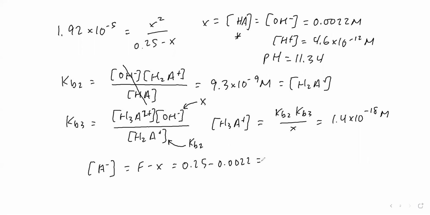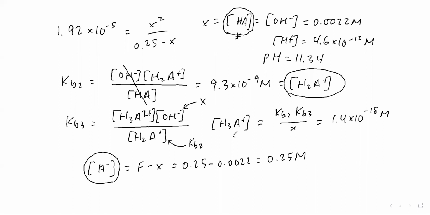That calculation I forgot to do, 0.25 minus 0.0022. So we get 0.2478, and since 0.2478 is so close to 0.25, rounded to 2 sig figs, there's our answer. Okay, so we've got the concentration of the deprotonated form, the concentration of the monoprotic intermediate, the concentration of the diprotic intermediate, and then the fully protonated form.